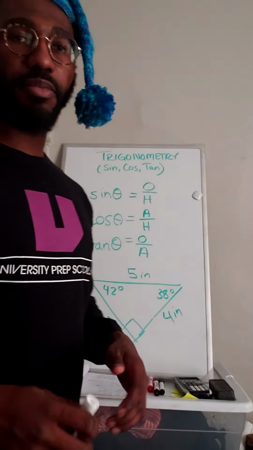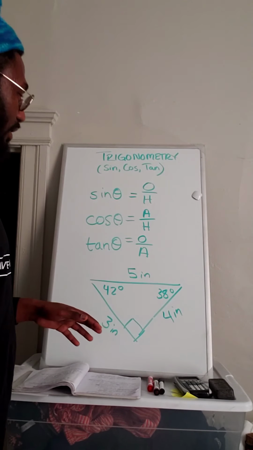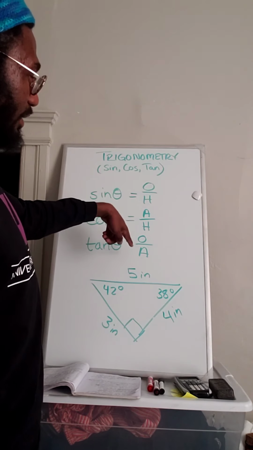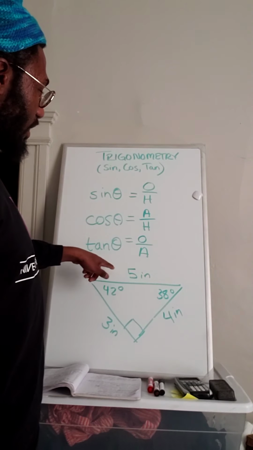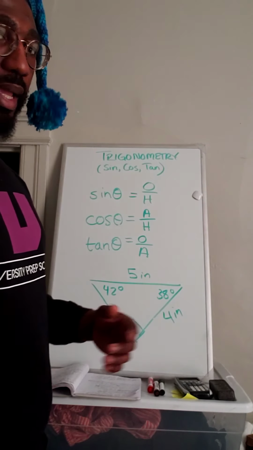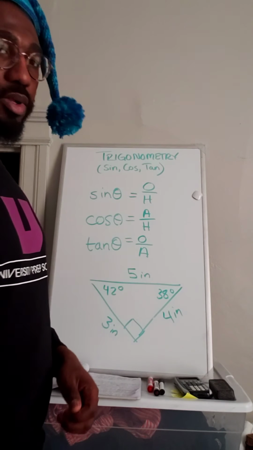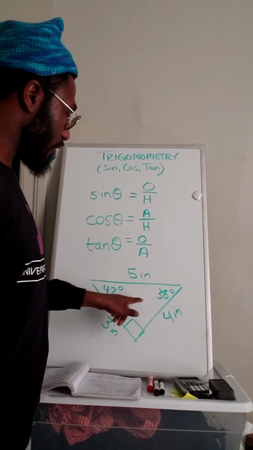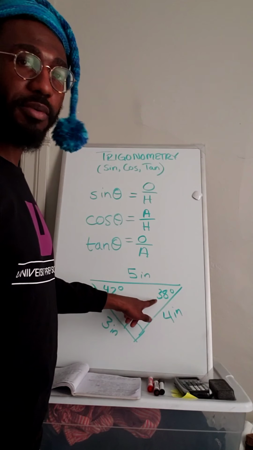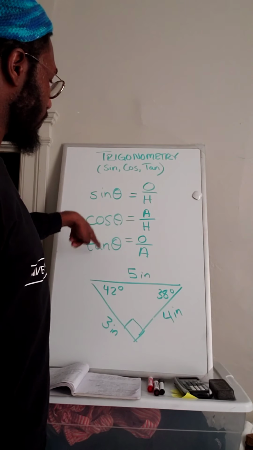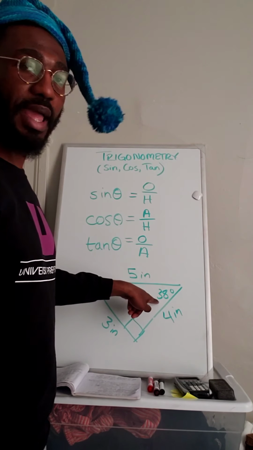In these problems that we're doing in the packet, I'm asking you all to, first of all, label your sides. And then after you label your sides, you're going to write the fractions. But that's not all I'm asking you to do. You see how there are two angles in this problem? I'm asking you to do sine of theta, cosine of theta, and tangent of theta for each angle.